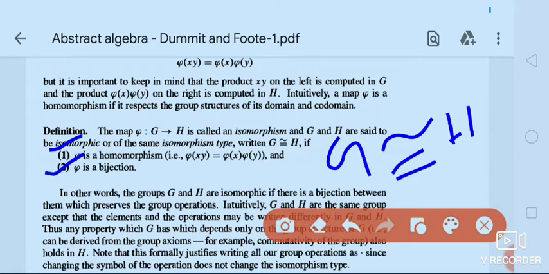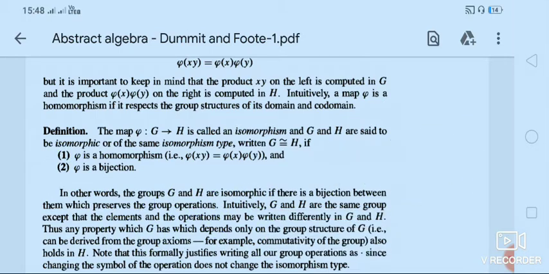Bijection means it should satisfy two conditions: one is one-one and the other is onto. Then only we say that pi is a homomorphism and bijection, and then only we say that pi is an isomorphism. So this is the definition of the homomorphism and isomorphism.